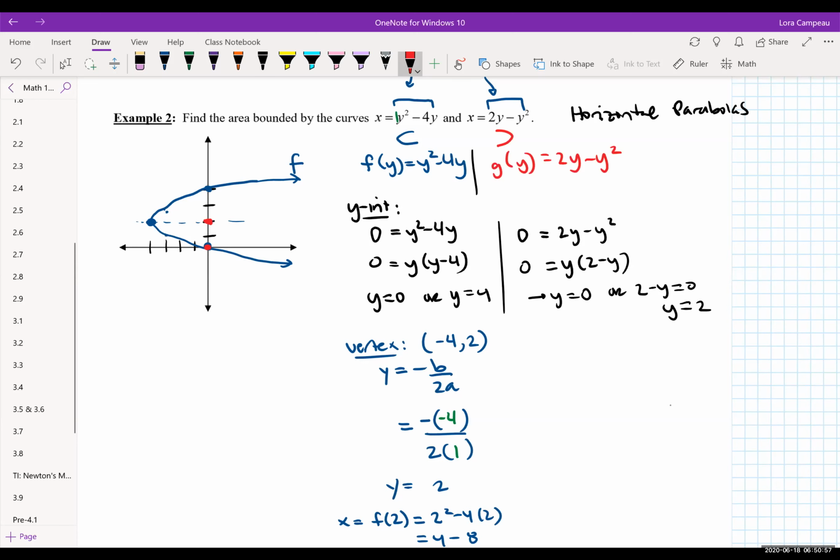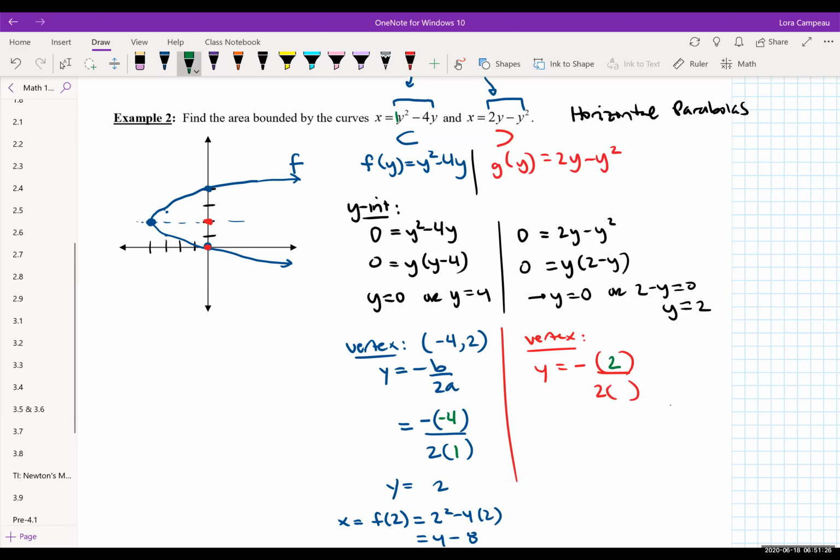Now it's a good time to find the vertex. If I want to find the vertex for this one, I still go the same manner. Y is negative b over 2a. So in our case, who is b? In our case, b is 2.